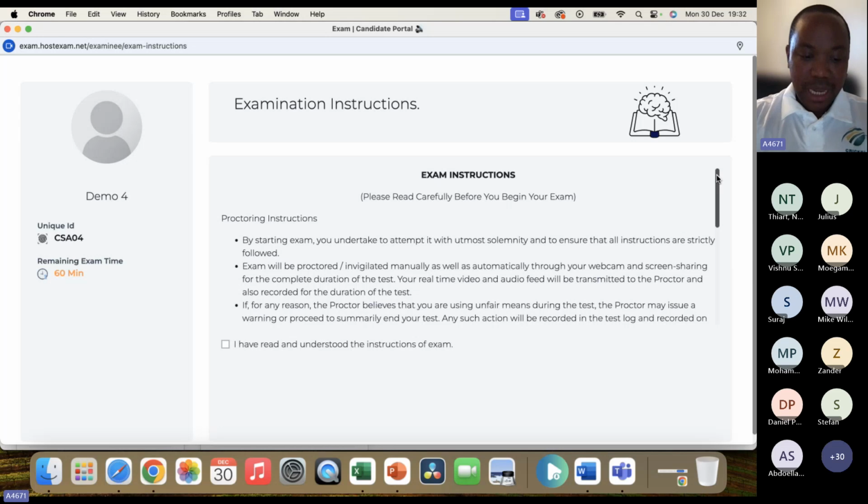There will be instructions such as the room must be quiet and you must be alone in the room. No cell phones are allowed to be used except if you're using your cell phone for the exam. No law book, no notes, and no open documents on your computer are to be used. No screenshots of the website are to be taken.